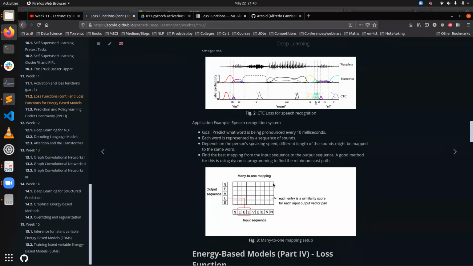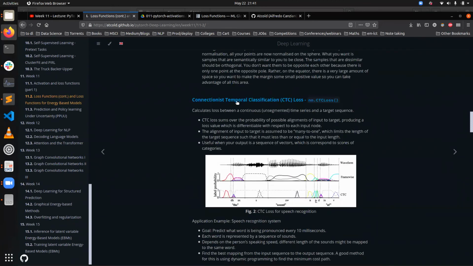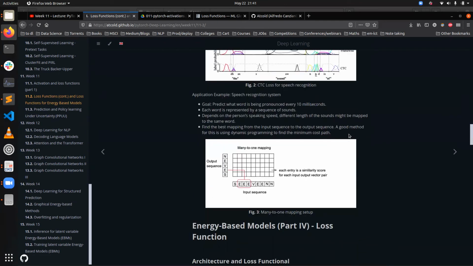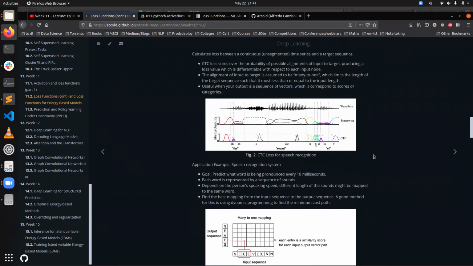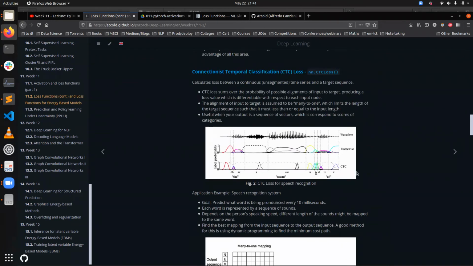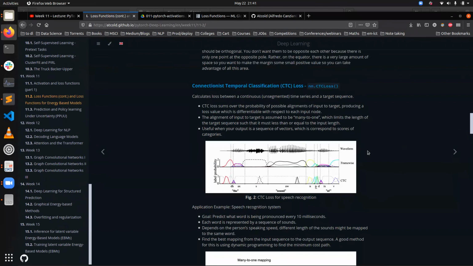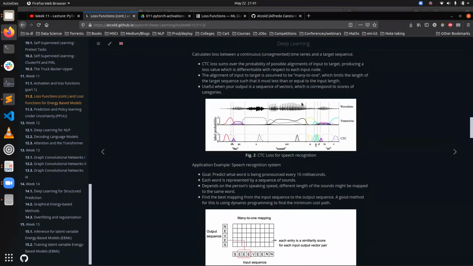And then if that sequence is the same as this sequence, your loss is low. Yeah, I think that's how this connectionist temporal classification loss works. This is one of those things that if you're actually implementing it, you'll understand it much better than just learning it theoretically.